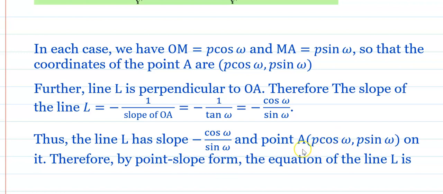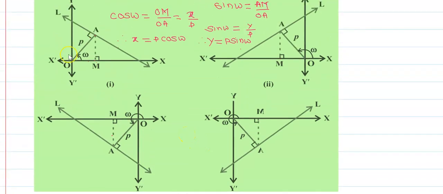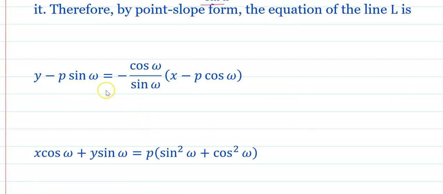We can find the equation of line L using the slope-point form, y minus y1 is equal to m times (x minus x1). Substitute the values.